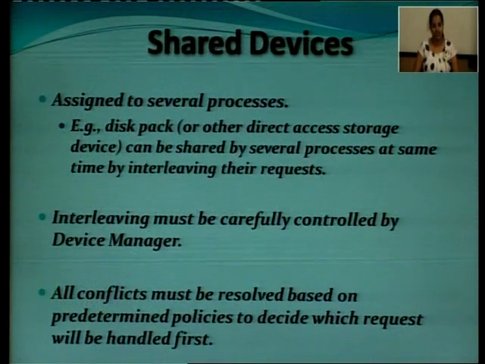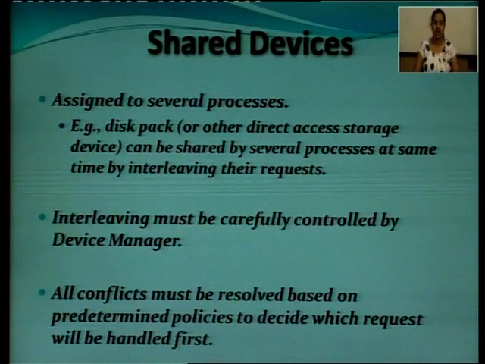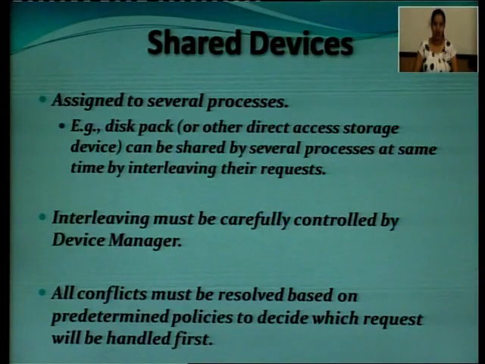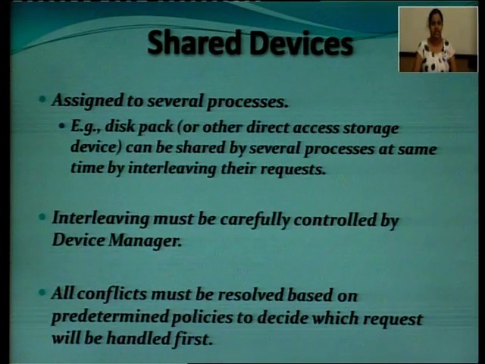Now the shared devices. As the name suggests, a shared device is assigned to several processes, means those devices which can be used by many of the processes. For example, a disk pack, that is a direct access storage device, can be shared by several processes at the same time by interleaving their requests.